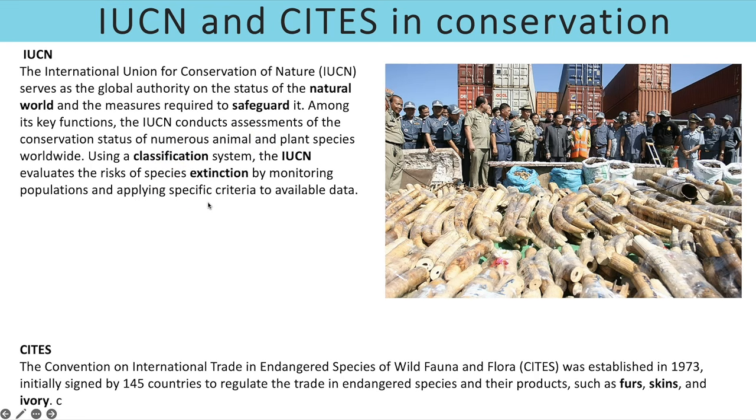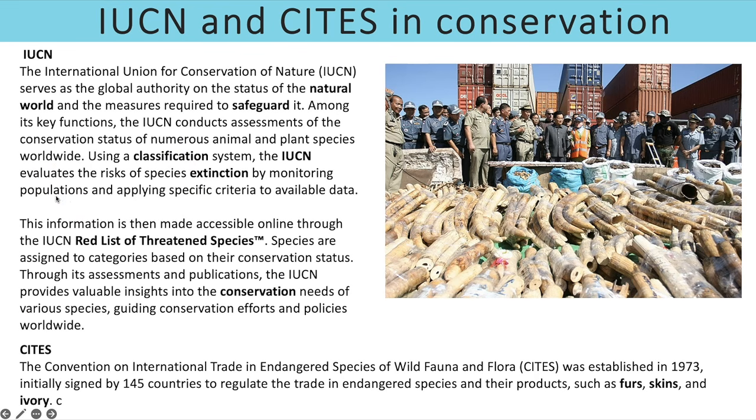It uses classification systems and it evaluates risks of species extinction by monitoring their population. We also have the information that they provide is made accessible online through the Red List of Threatened Species. Species are assigned to categories based on their conservation status as an indication of how at risk they are of going extinct.